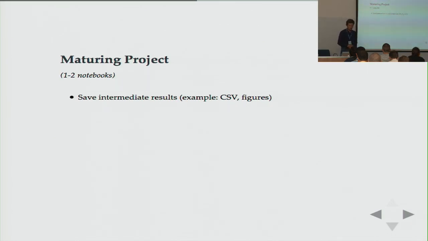Okay, so as the project matures and your notebooks become bigger, you start to split notebooks. You want to keep in mind also to save intermediate results, because you don't want a long, big analysis and having only the final result, and if anything goes wrong, you don't know why. So save the intermediate results, for example, CSV files, if data is not too big, or HDF5 file if it's big.